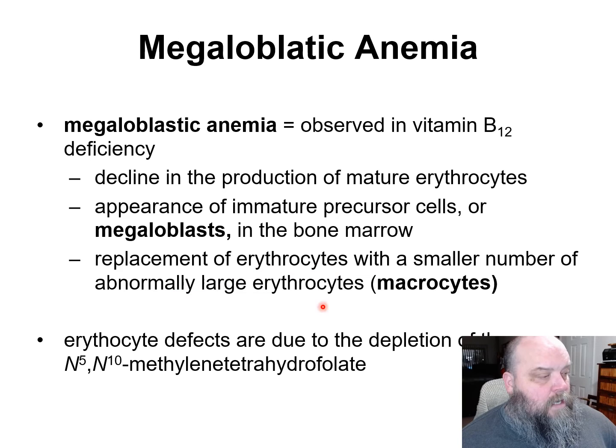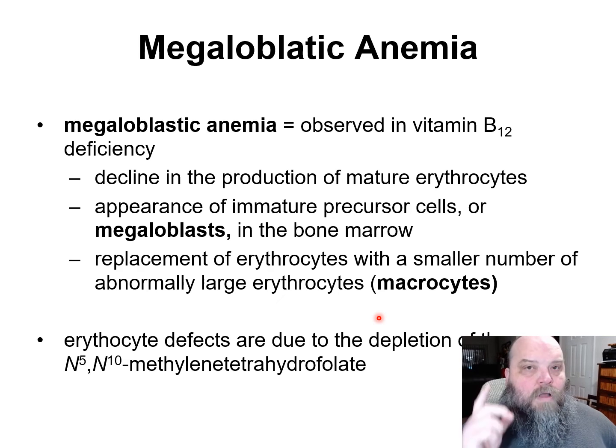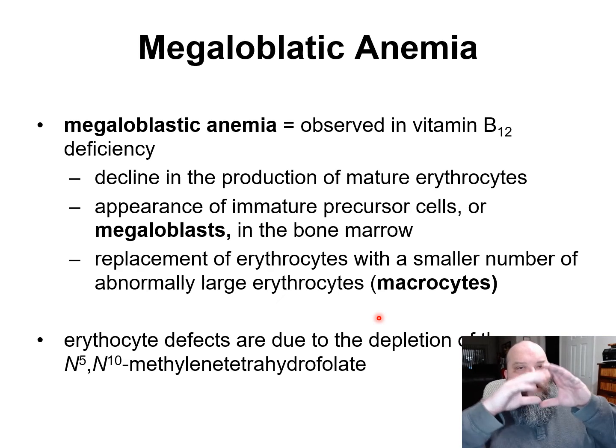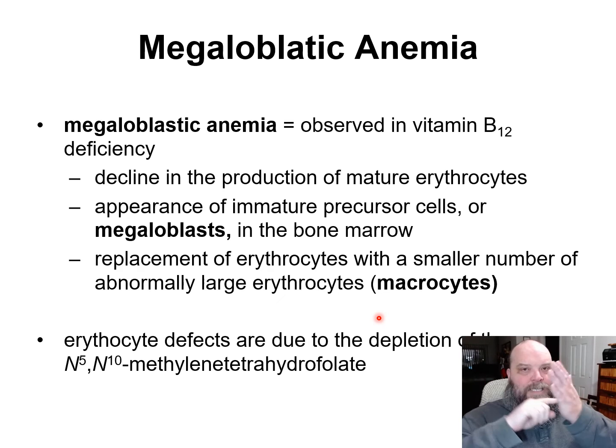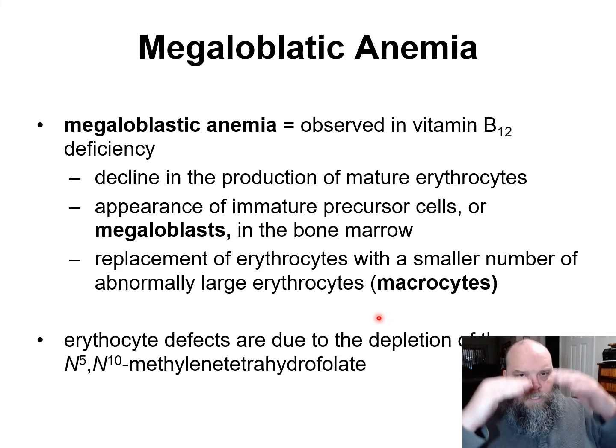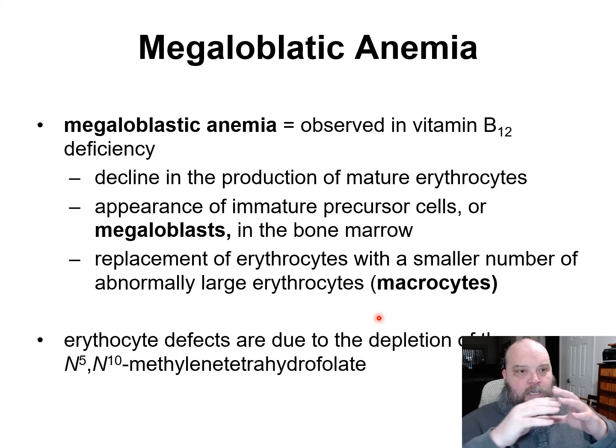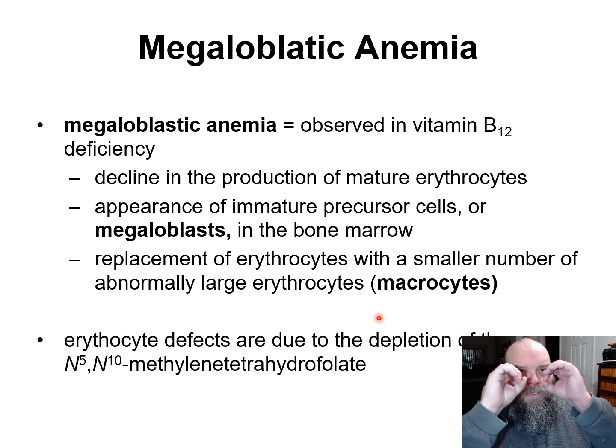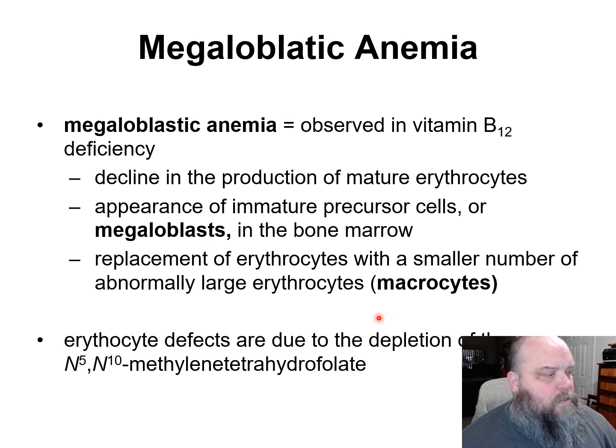So you're going to get a large number of oversized ones. But if you were to count the true number of red blood cells, big, small, whatever, the population is depressed, is lower than it should be. And you're getting just this increased number of huge ones instead of numerous normal-sized ones.